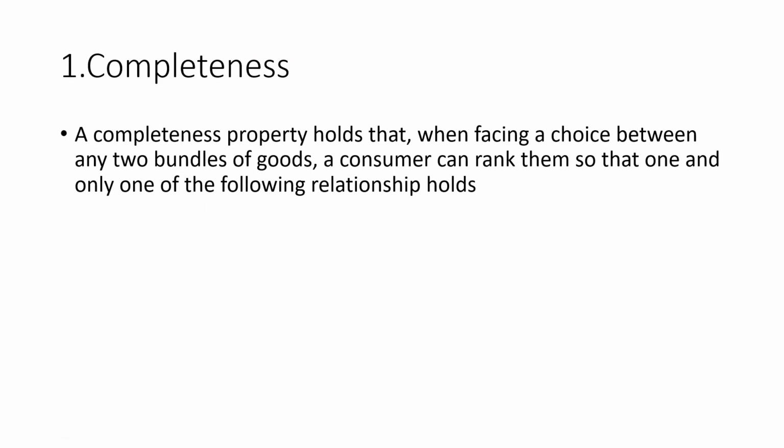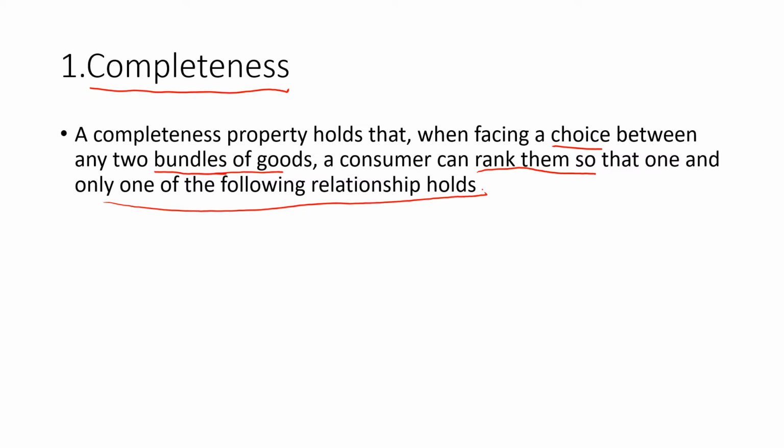The first property of the consumer preference is completeness. And how do we define completeness? Basically, the completeness property holds that when facing a choice between any two bundles of goods, a consumer can rank them so that one and only one of the following relationships holds.